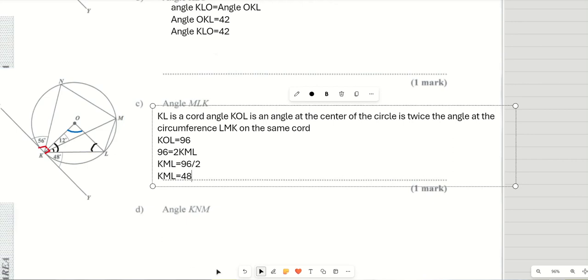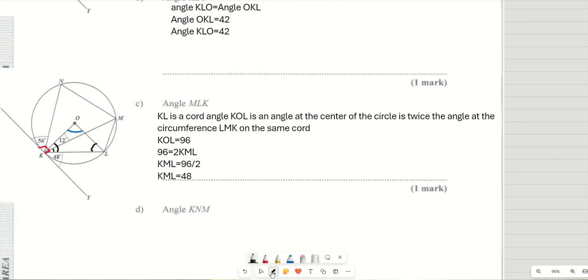Now we know that this angle on top here is 48.